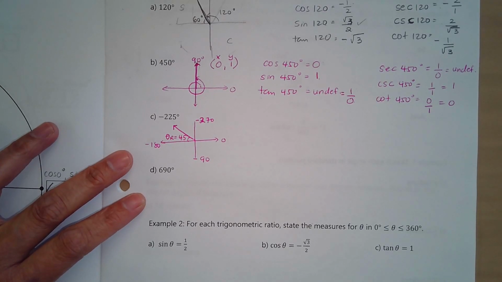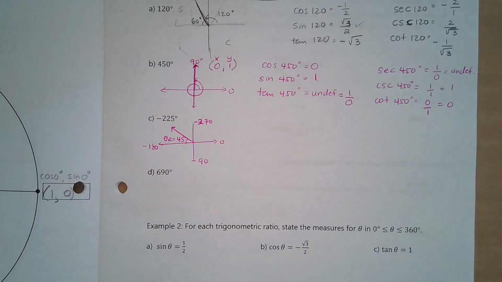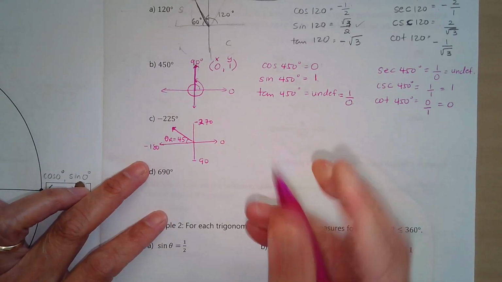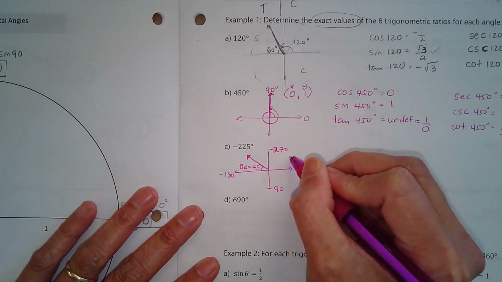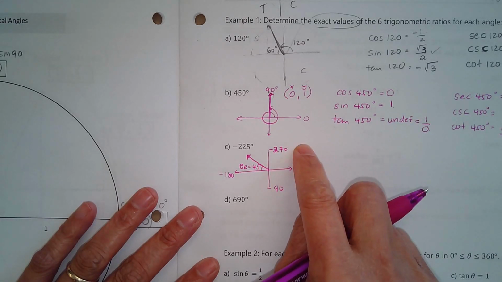Okay, now if it's 45, we already know previously the x and y values of this. If it's over here, it's going to be positive for both. And what's the value?